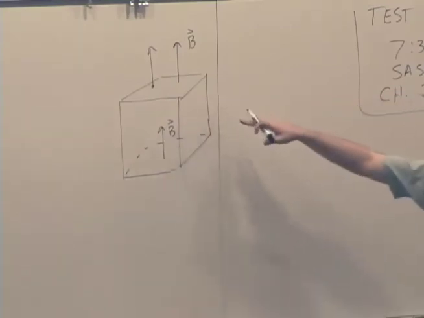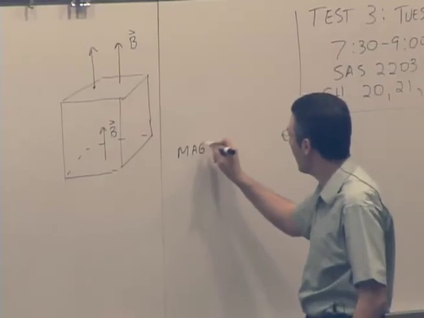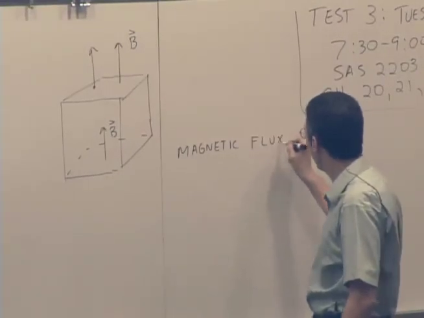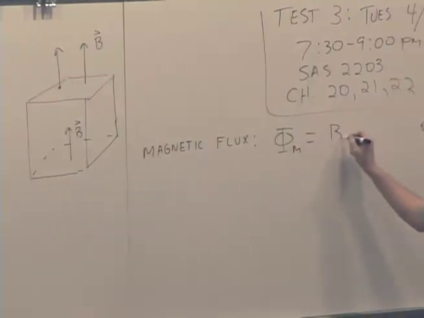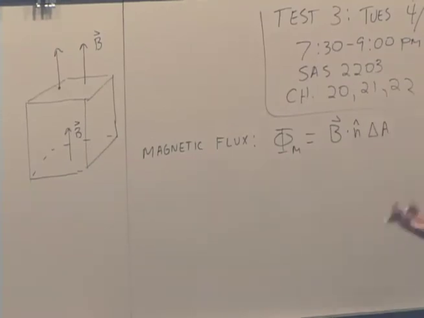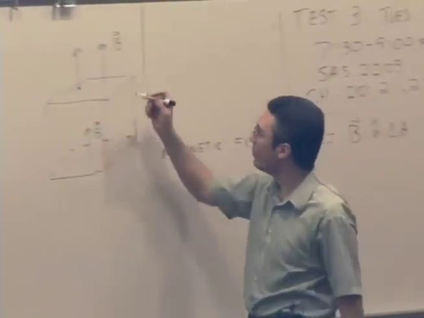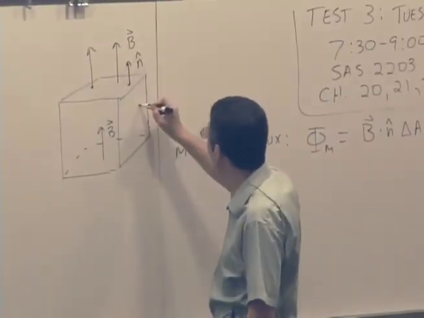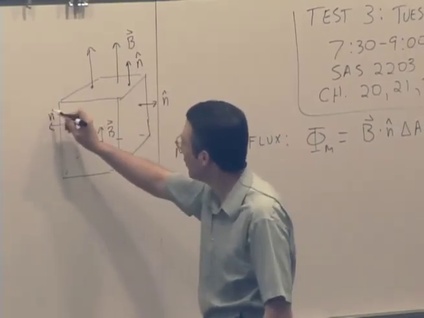I can calculate B dot n hat dA, so magnetic flux phi sub m would be B dot n hat times an area element, flux over a closed surface. Once again, a reminder that when we're talking about a closed surface, these n hats are always defined to be pointing toward the outside of that closed surface.